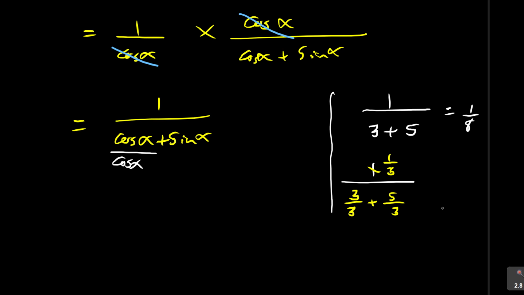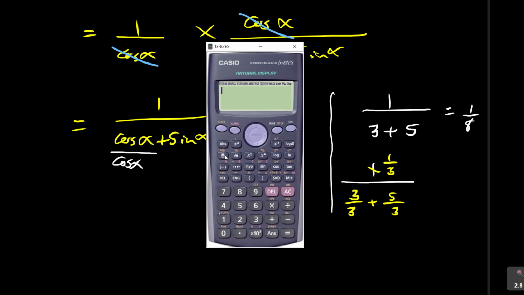If you take a calculator to test whether we are doing the right thing, 1 over 3 over 3 over 3 plus 5 over 3 must give me 1 over 8.